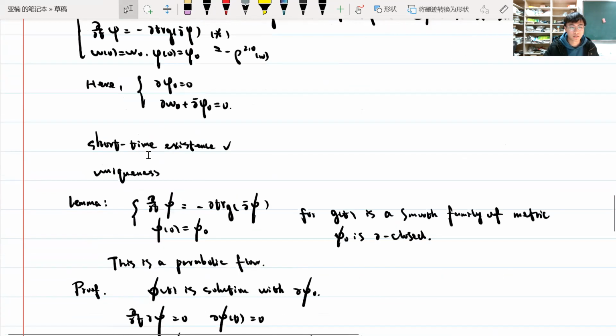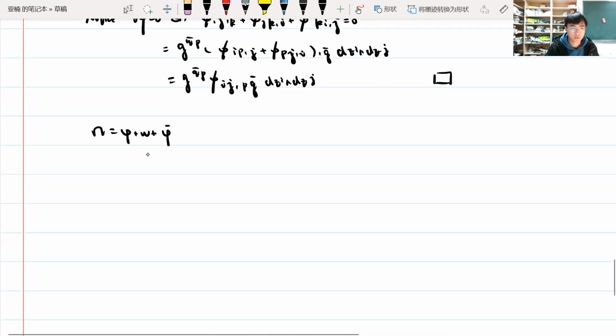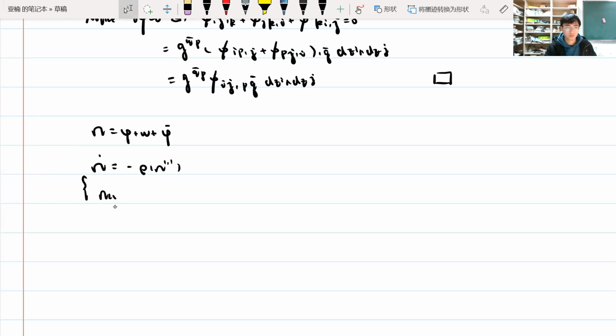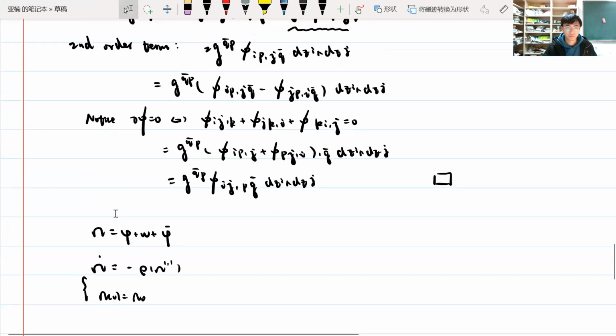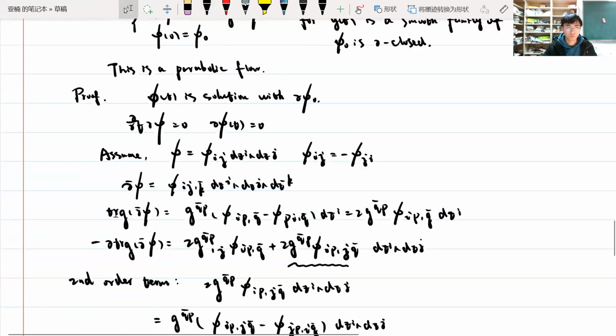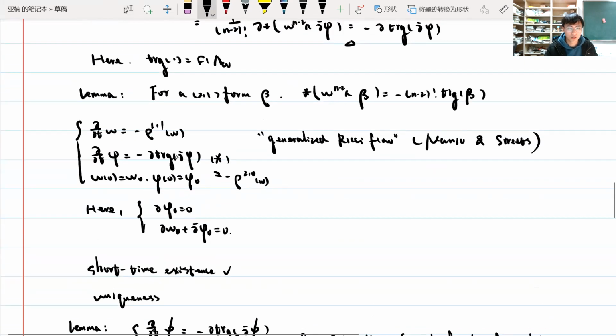This flow can be rewritten as, this part is actually the 2,0 part of the Ricci.